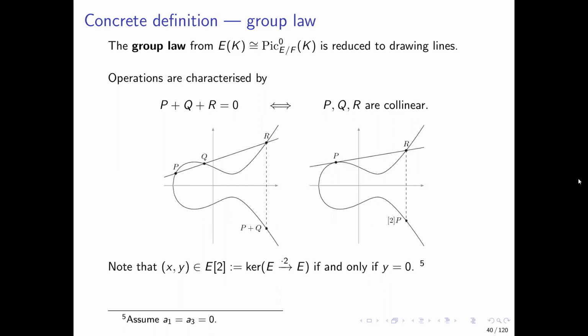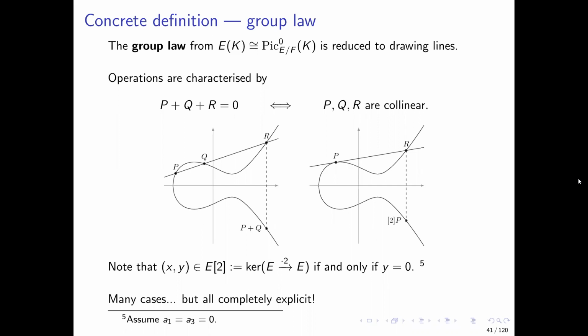I ranted a bit, but the main point is that there are many cases you need to check when you try to define addition, but all these cases are completely explicit. They are defined by lines and curves, and you're solving equations. Everything is defined in terms of equations and a bunch of if-then-else statements.